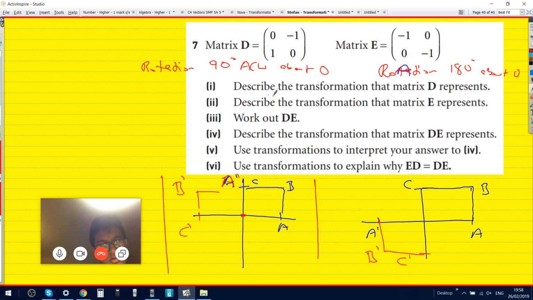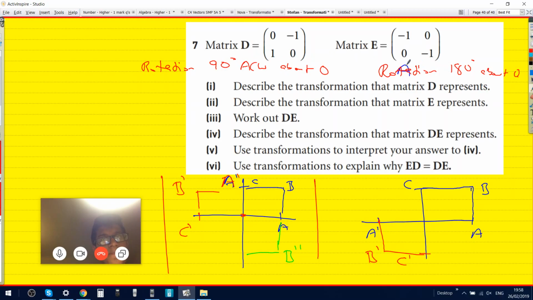So we're doing a 90 degree rotation and then a 180 degree rotation, the same as anti-clockwise. So we do 90 degrees, so we end up here. If you do a 180 after that, you end up here for this one. So we'll do this one first and this one second.